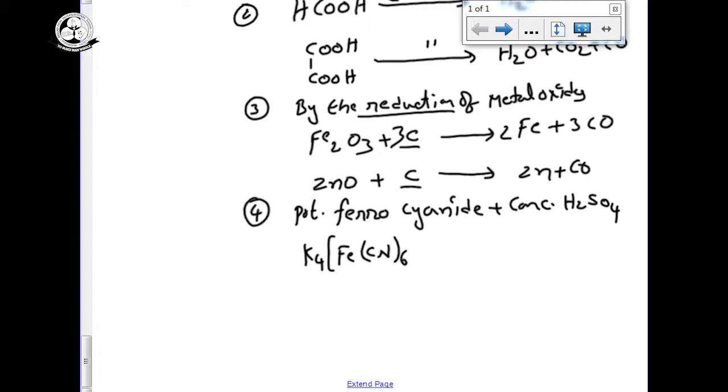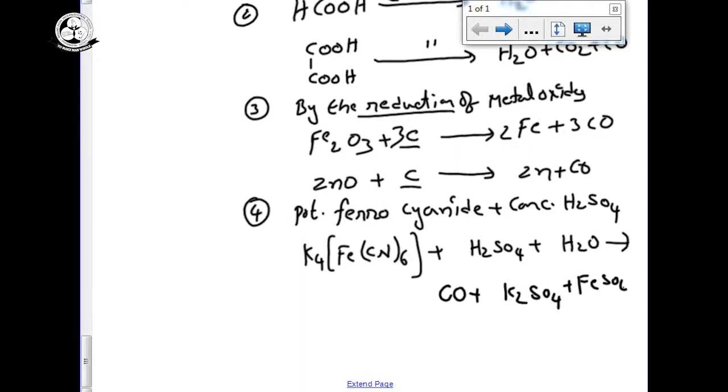This is the most important laboratory reagent for qualitative analysis. On reaction with sulfuric acid H2SO4, with a small amount of water added, our major compound is carbon monoxide, and the remaining compounds are potassium sulfate plus ferrous sulfate plus ammonium sulfate.